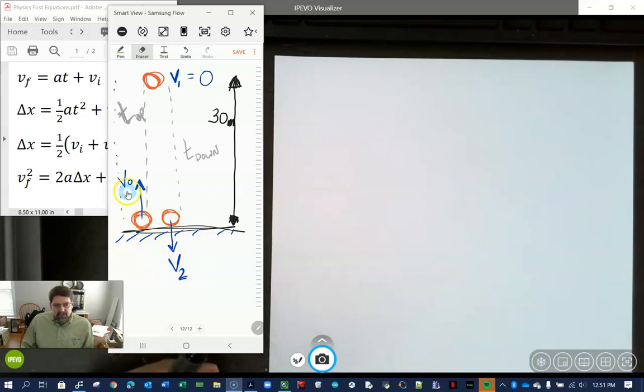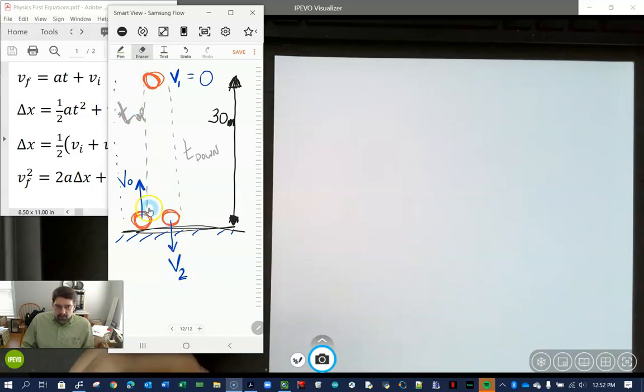So I labeled my velocities v0, v1, and v2. This velocity is the initial velocity for the time up, and this velocity is the final velocity for the upward trajectory. But then on the way down, this velocity becomes the initial velocity for the ball going down, and v2 becomes the final velocity for the ball coming down.